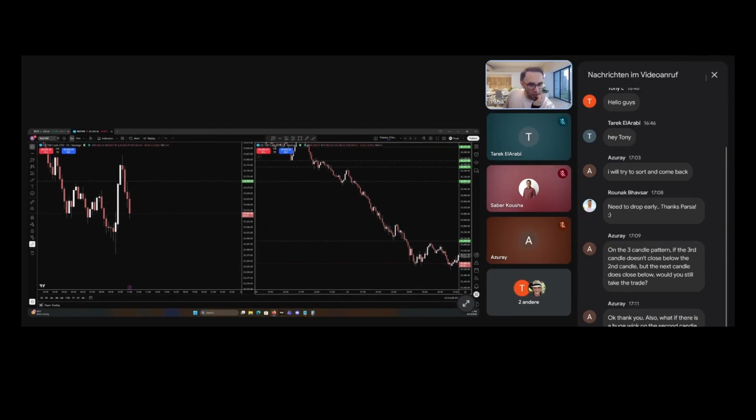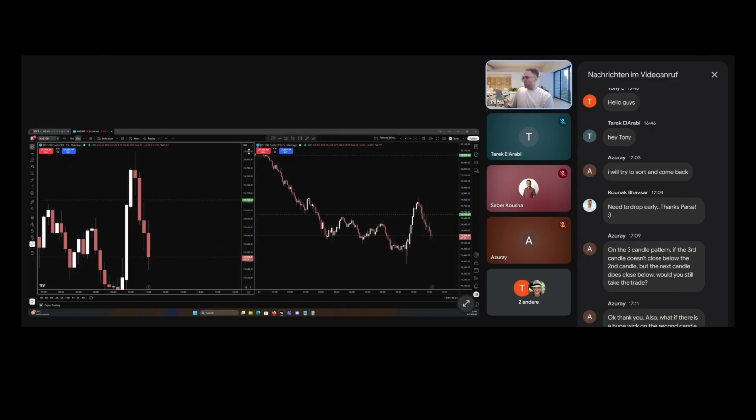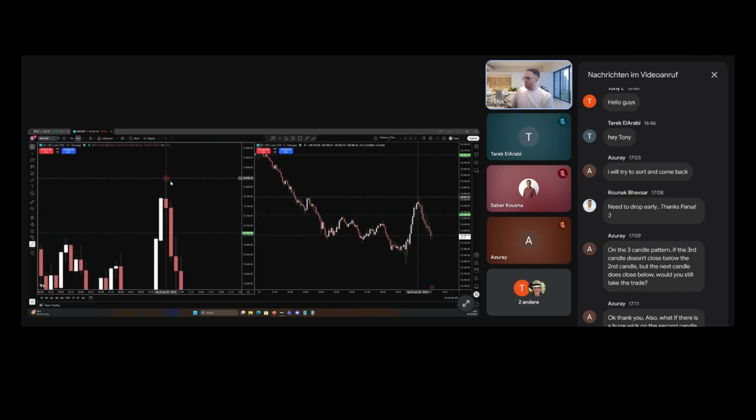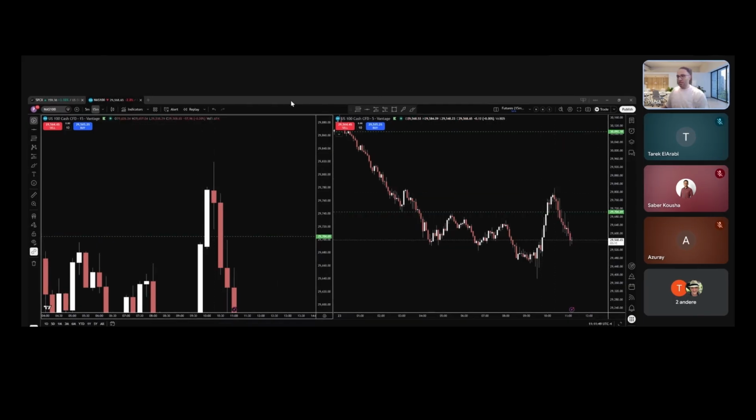Okay, then, what if there is a huge wick on the 2nd candle? Does the size matter? No, the size does not matter. For example, here on the 15 minutes, we have a huge wick. That shows me a good liquidity sweep.